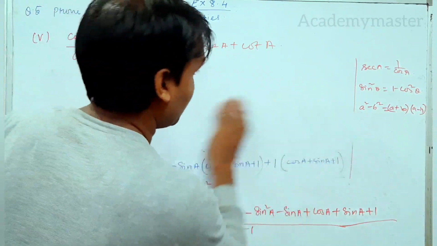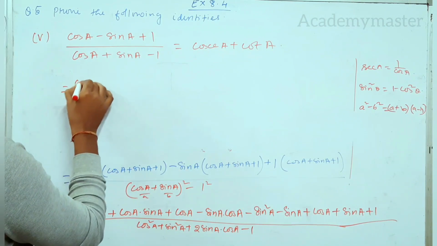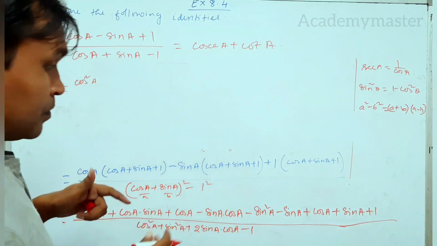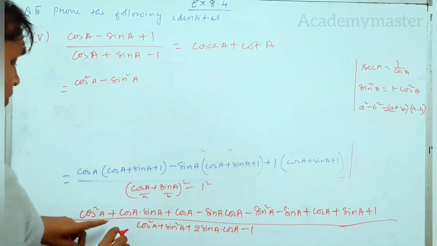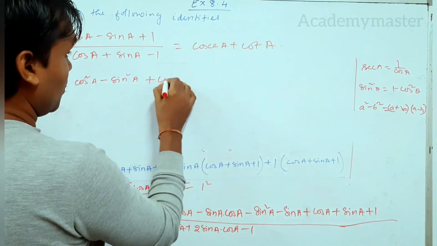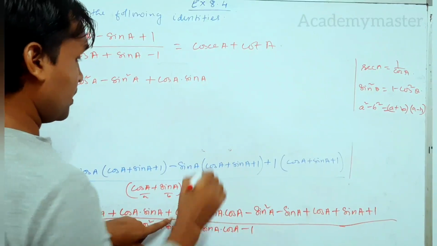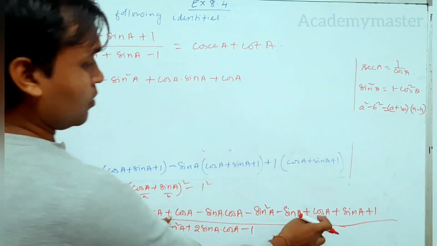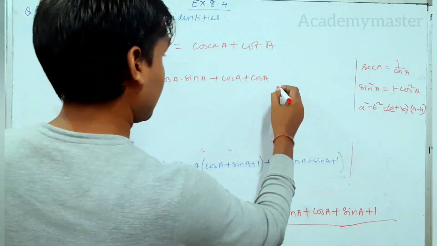Fine. So let us proceed further. So now you can see in the next step, cos square A minus sine square A, I am bringing it close together, then it will be cos A into sine A plus cos A. Another cos A is also here, so bring it together, cos A. Next is what?